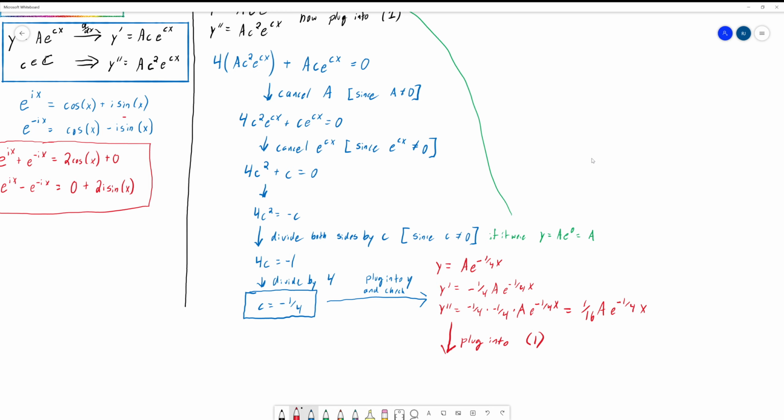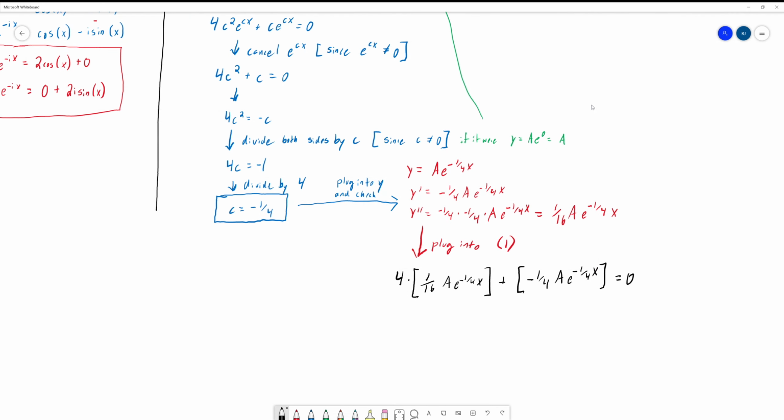So we're going to have 4 times the second derivative of y, which is y double prime, which is 1/16 ae to the minus 1/4 x, and plus the first derivative of y, which is just minus 1/4 ae to the minus 1/4 x. And this should all equal 0.